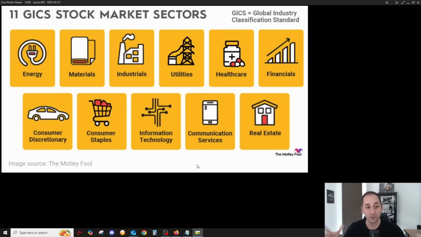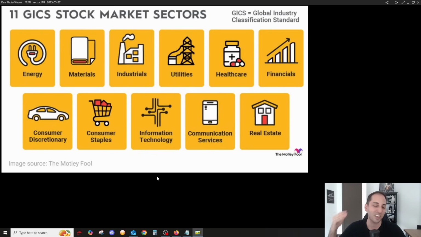For consumers, you actually have 2 sectors: consumer discretionary and consumer staples. Consumer staples is sometimes known as consumer essentials, like Walmart, for example. Then consumer discretionary is sometimes referred to as consumer non-essential. You have information technology as well, right? Tech stocks fall under that category, obviously.